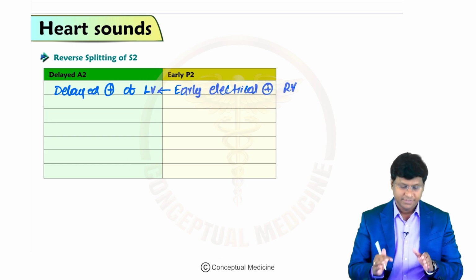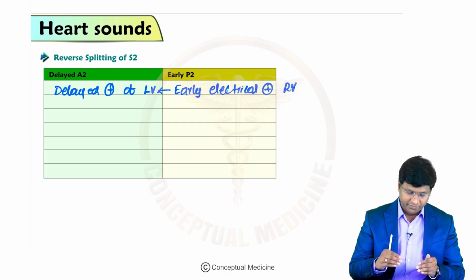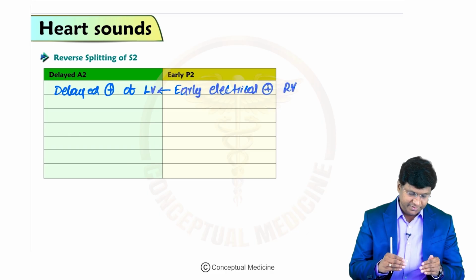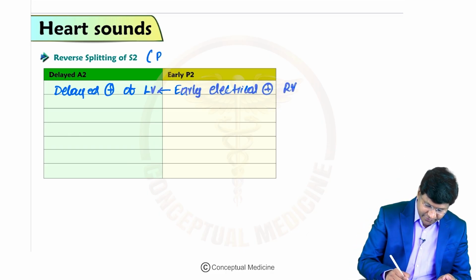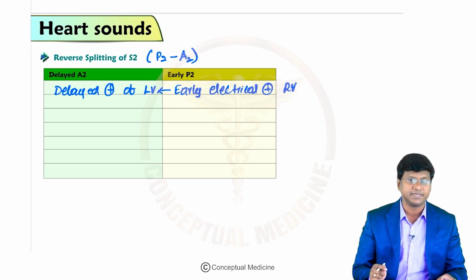So wherever there is delayed electrical activation of the left ventricle or early electrical activation of the right ventricle, that is when you have reverse splitting of S2. Reverse splitting of S2 is where you have P2 followed by A2.